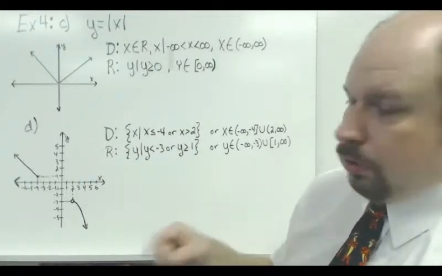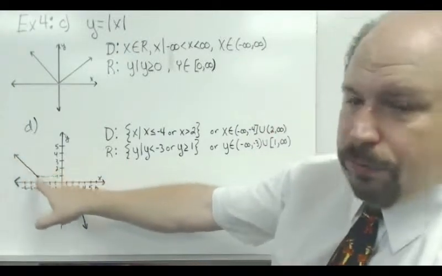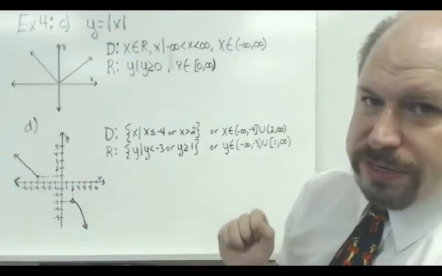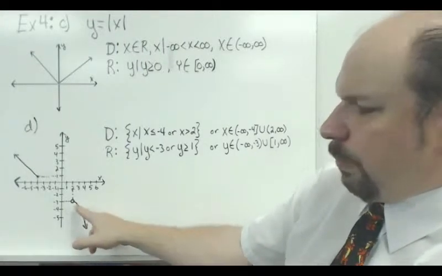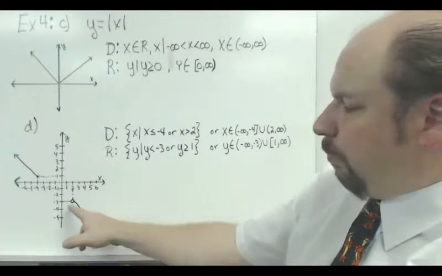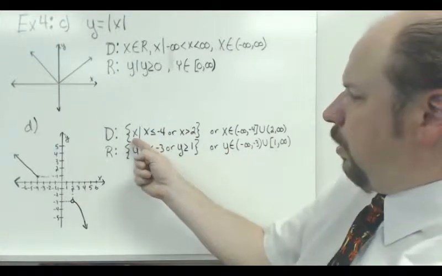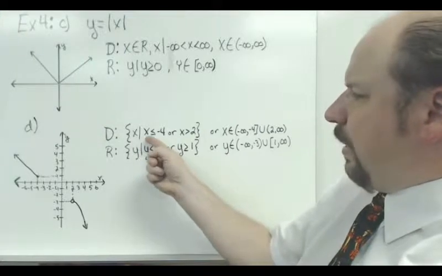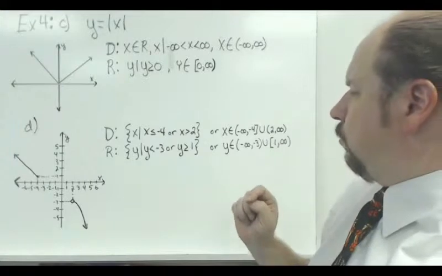So we just have to look at our endpoints. So we're smaller than -4, but we can also include -4 because that dot is filled in. And this one is not filled in, so we're going to be bigger than 2, but we can't be equal to 2. So to write out our domain, the set of numbers x such that x is less than or equal to -4, or x is greater than 2.